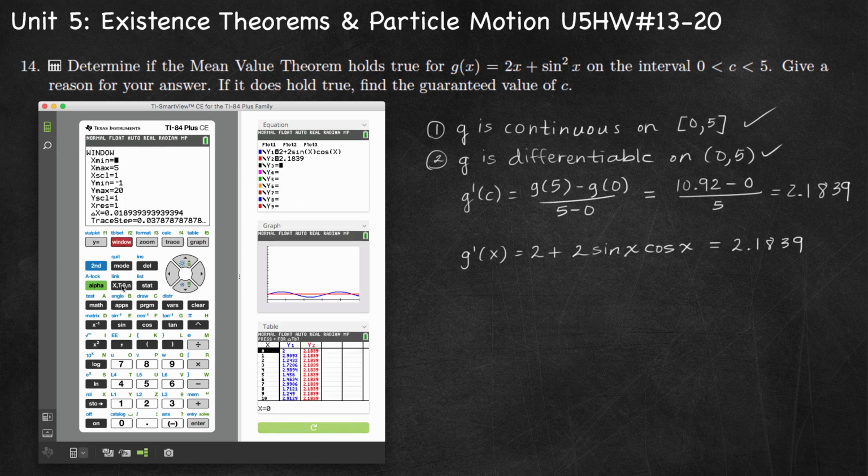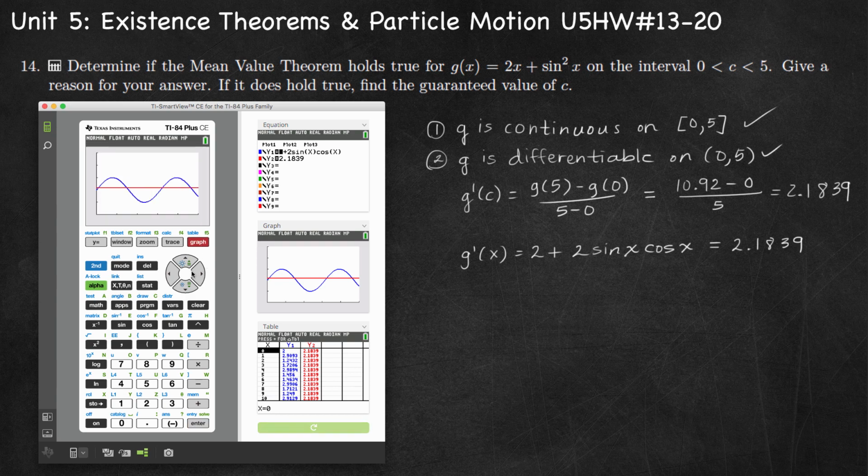Let me fix my window here. So 0 to 5 for our x values, and for y values, it looks like 0 would be a good y min, and 5 would be a good y max.